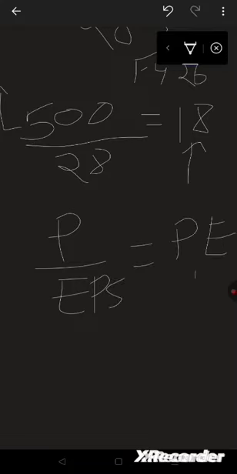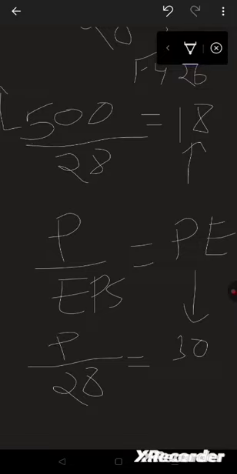I assume my sector PE would be 30 after 1 year, not the KPL PE, and my EPS would be around 28. So I have to find the price. My price would be around 840 after 1 year. This is the potential.